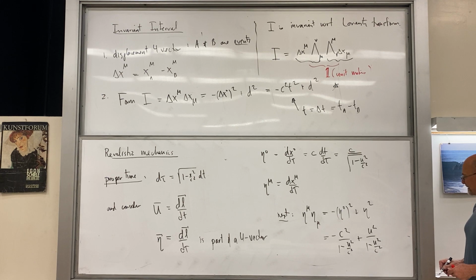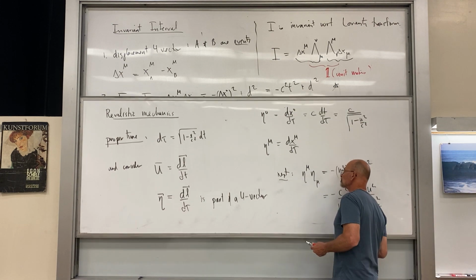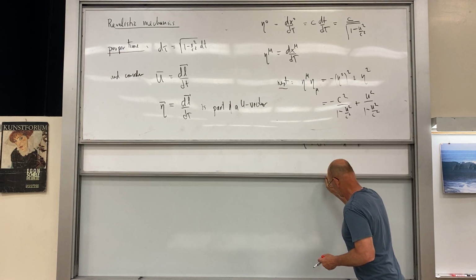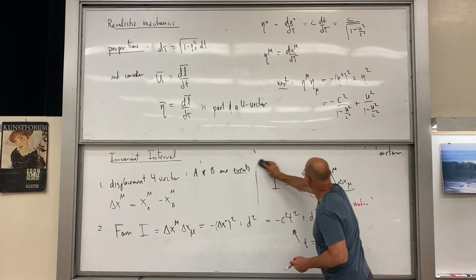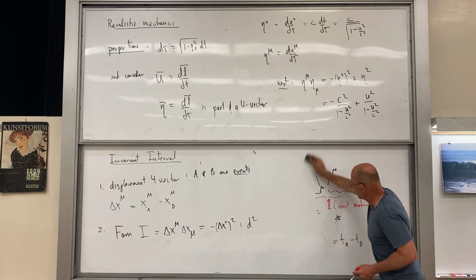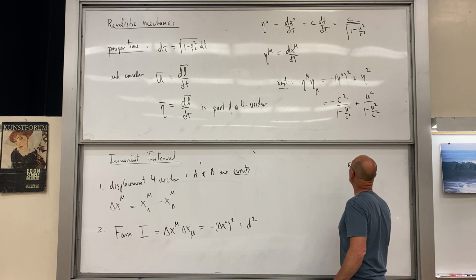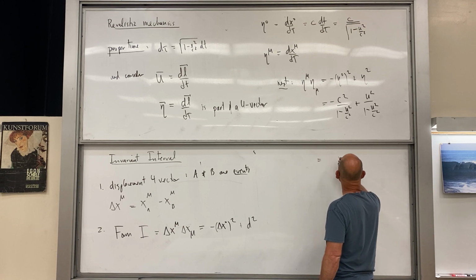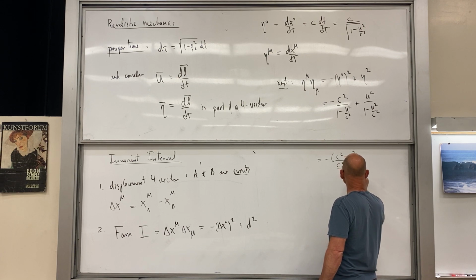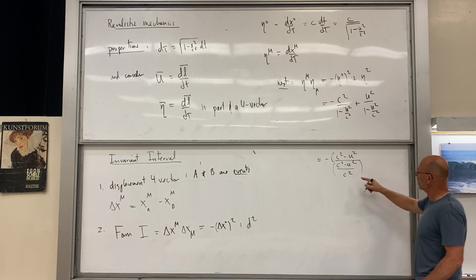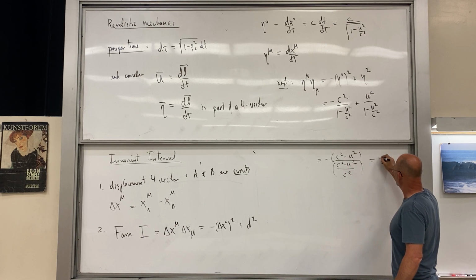So what does that simplify to? It equals minus c squared minus u squared divided by 1 minus u squared over c squared. Cancel, cancel. So yes, equals minus c squared.